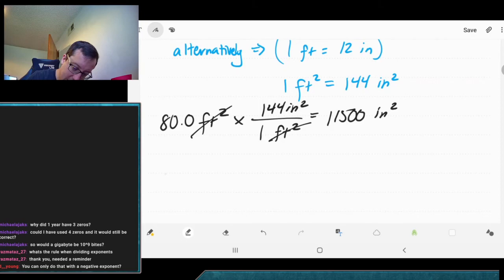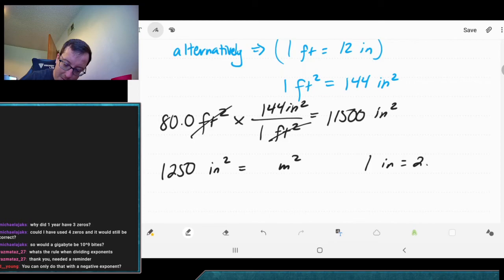Just throwing another one here. If we had that many there. Here, we'll say meters squared. And I'm going to just give you these conversion factors. The first one I don't expect you to memorize. I will provide that for you if you need it.